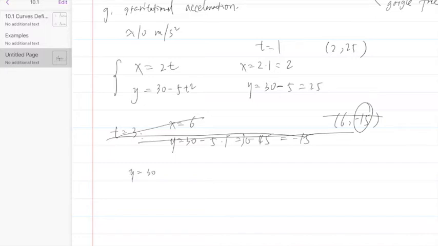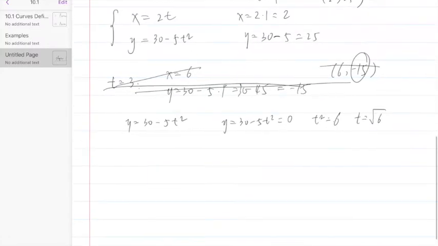The furthest I'm going to travel is when my y hits 0. Okay, then y equals 30 minus 5t squared equals 0. This gives you t squared equals 6. That means the whole traveling time is going to be square root of 6.